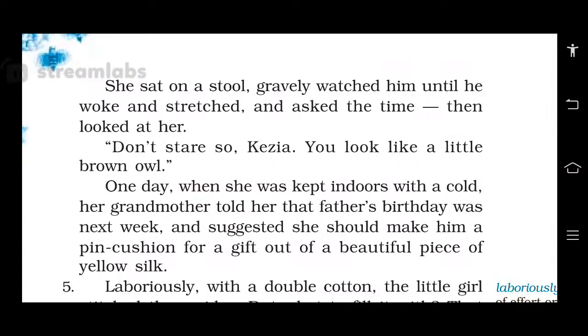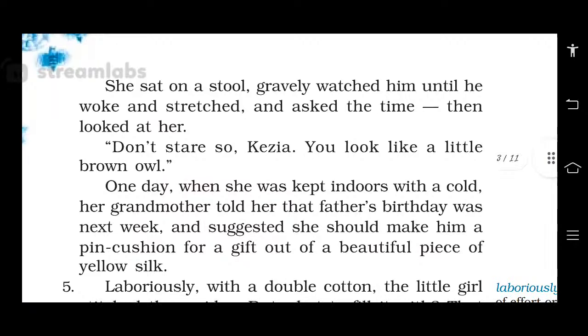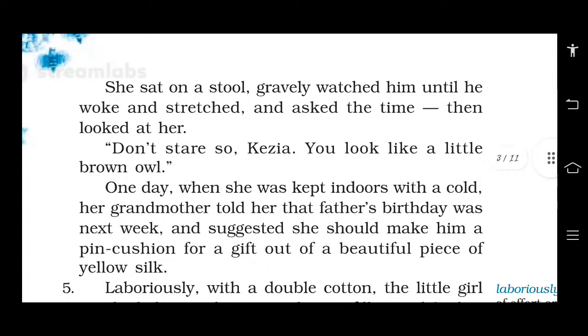And him until he woke and stretched and asked the time, then looked at her. So the girl went to speak with her father, but she did not ask her father to get up or anything. She just sits and waits until her father gets up.